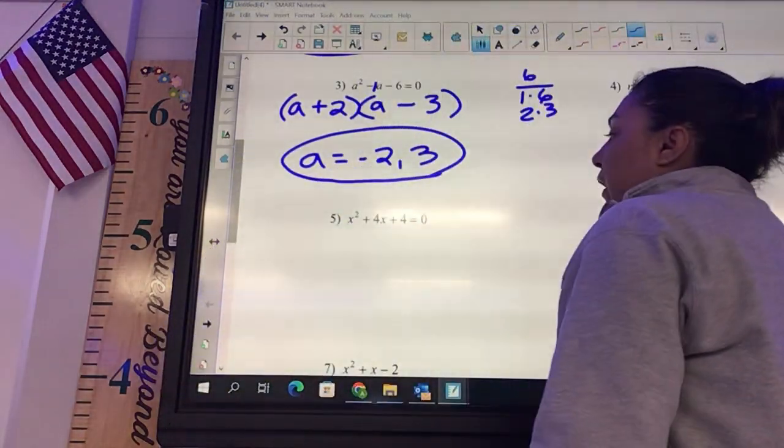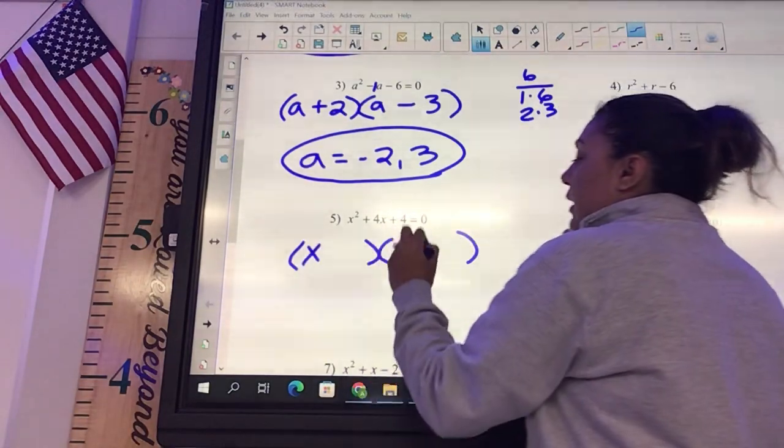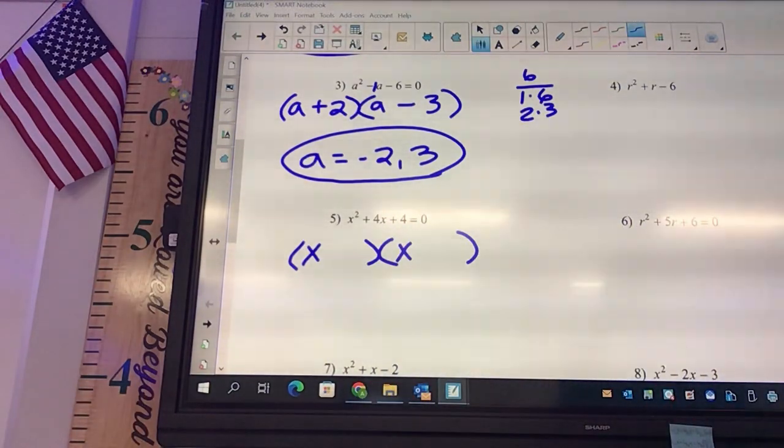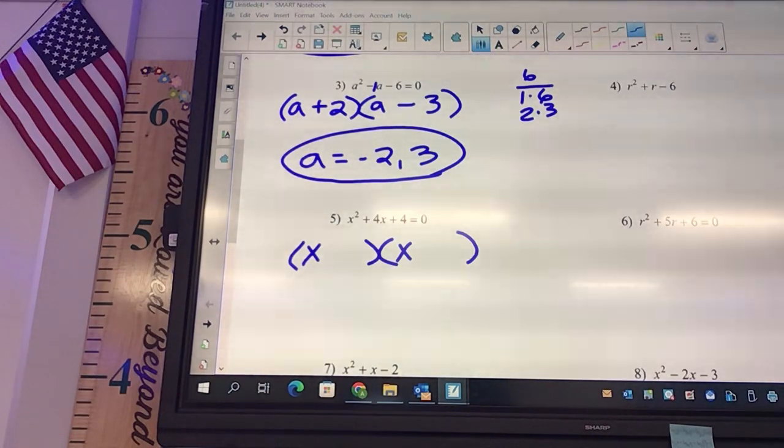Okay, look at 5. I'm going to draw my 2 parentheses, and I'm going to say x and x. Make a list of what number? 4. But if you had to assign a letter to that, what letter was it? Yesterday I wrote the equation out at the top. What letter was it?